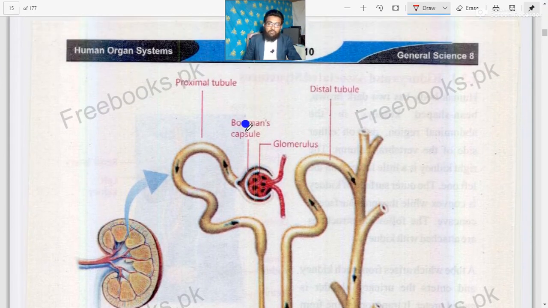Details here we can see in the figure. This is the renal artery which is entering our kidney.